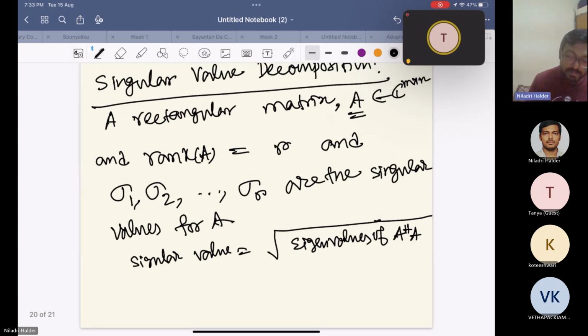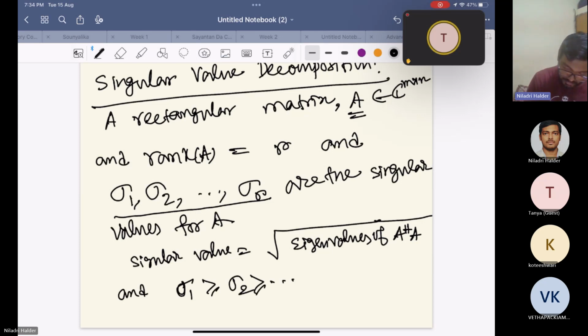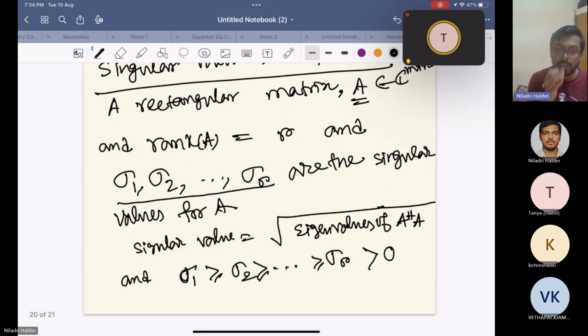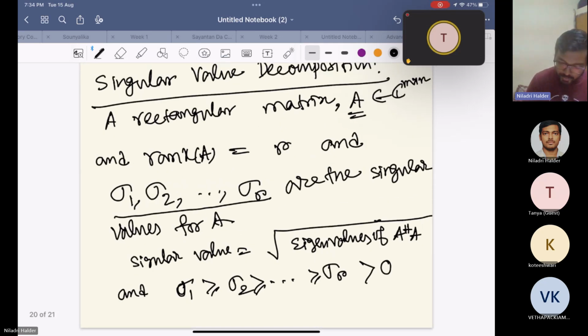So these are the singular values. And also assume that these sigmas are ordered. So ordered means sigma 1 is greater than or equal to sigma 2, which is greater than or equal to sigma 3, and so on, all greater than zero, because of this square root, so positive values actually.